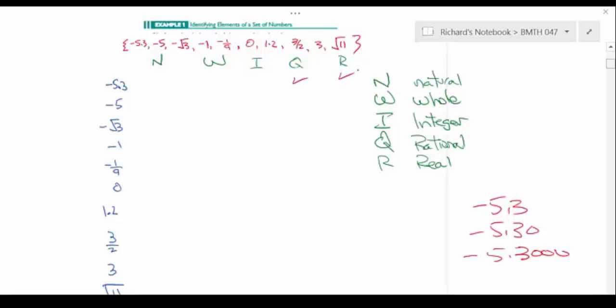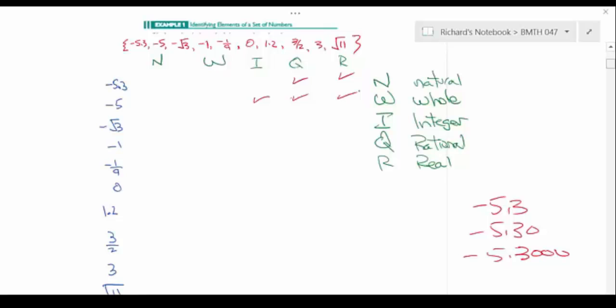Negative 5, once again, is not natural or whole because you can't have any negatives with either the natural or the whole numbers. But it is an integer, and as being an integer, also a rational number and a real number. Negative root 3. Remember, the square root of a prime number is irrational.